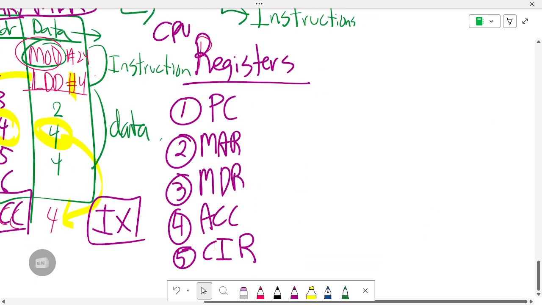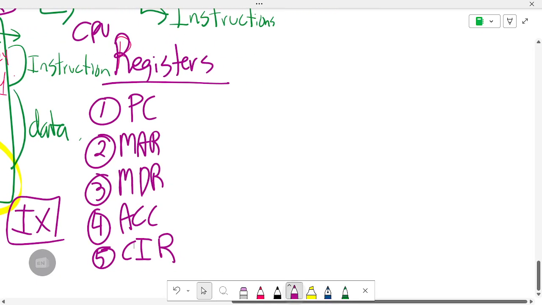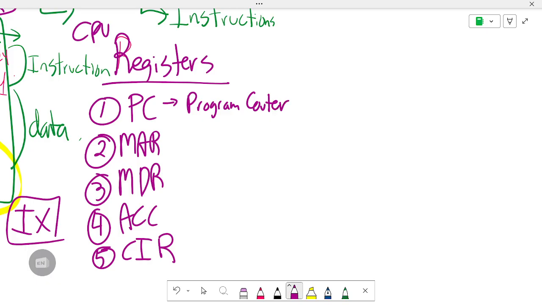Wendy, what does PC stand for? Program counter. Correct. This stands for program counter. Every time through the CPU cycle, PC is equal to PC plus 1. What does this mean?